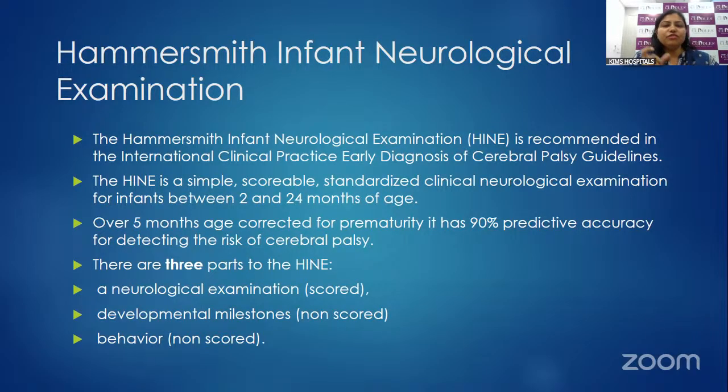Over 5 months, you can also do the corrected age, and it has 90% predictive accuracy for detecting the risk of cerebral palsy. And it has three parts. There is one neurological examination which is scoreable, then developmental milestones which is non-scoreable, and behavior also which is non-scoreable.